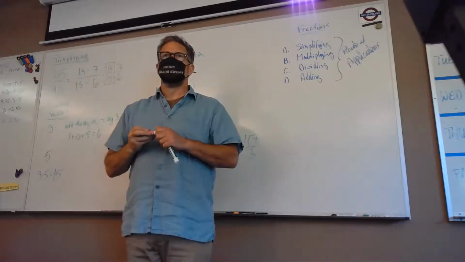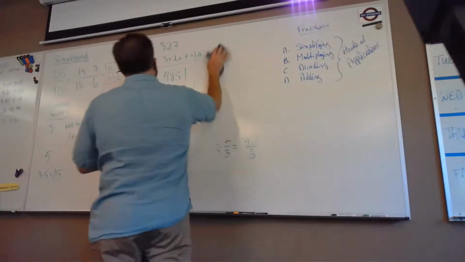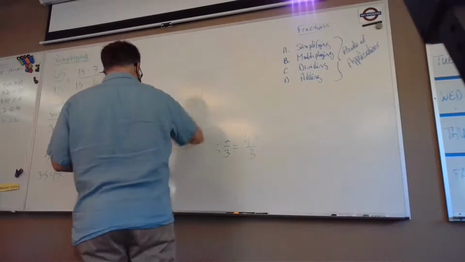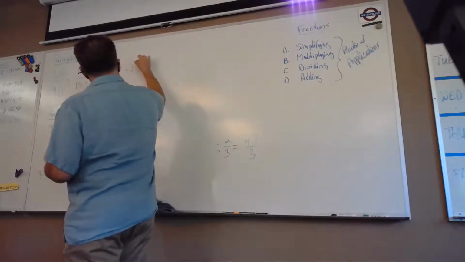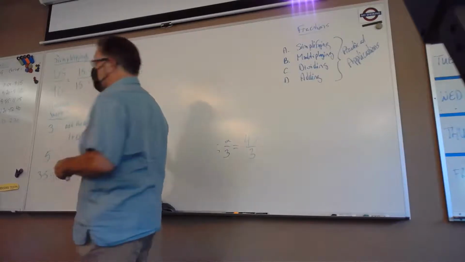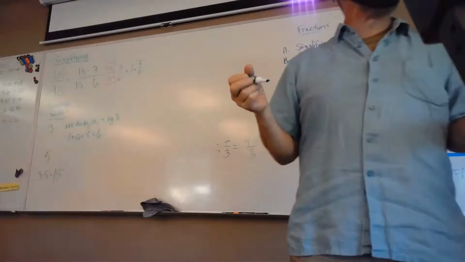Agreed? So this whole thing can therefore be written as 1 times 7/6. Remember, that's times, not 1 and 7/6. It's 1 times 7/6. Well, what's 1 times something?